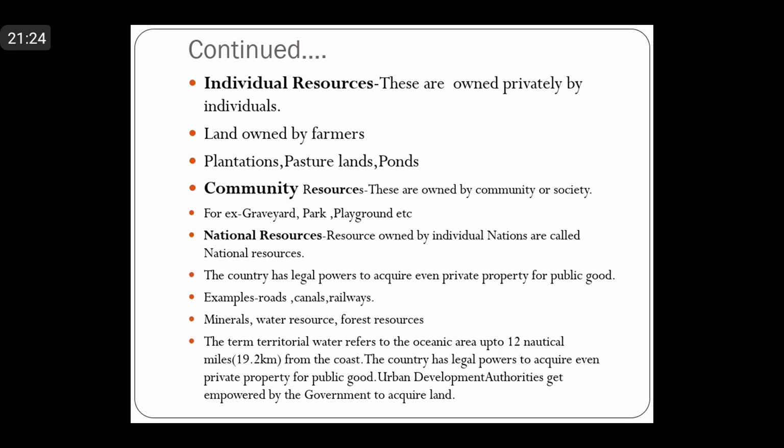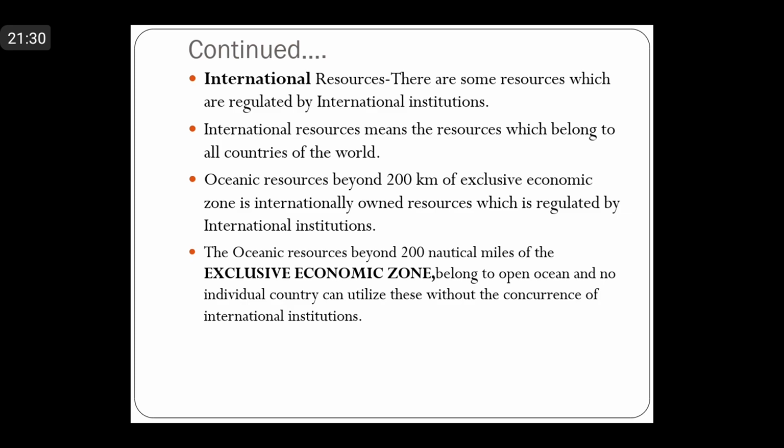Clear? Now, what about international resources? International resources here means some resources which are regulated by international institutions. Now, oceanic resources beyond 200 nautical miles, remember here 200 nautical miles.